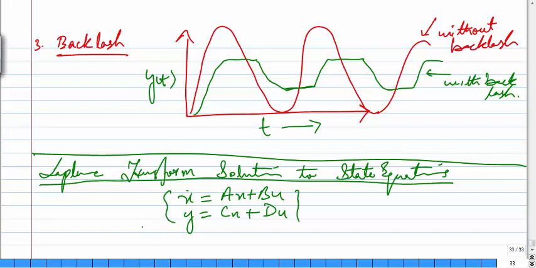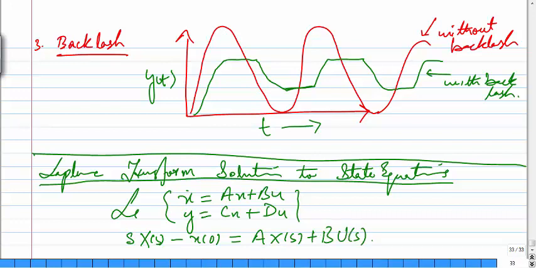Now if I apply the Laplace on that, it becomes sX(s) minus X(0) is equal to AX(s) plus BU(s). Similarly for the next one, Y(s) equals CX(s) plus DU(s). So this is the basic form when we apply the Laplace.